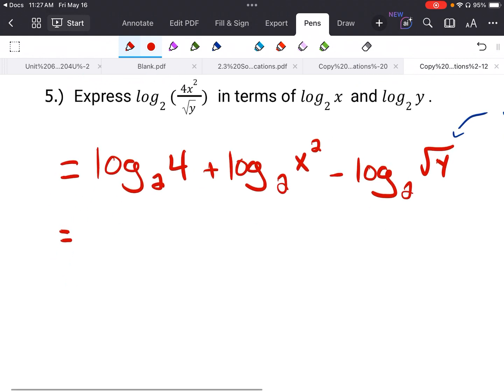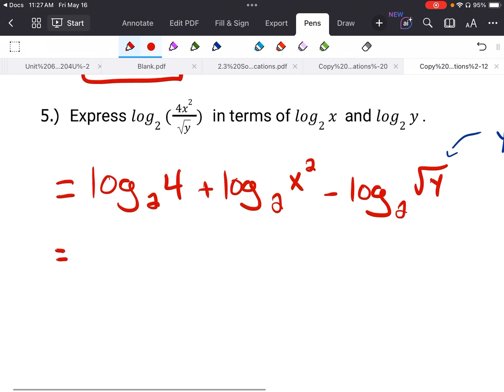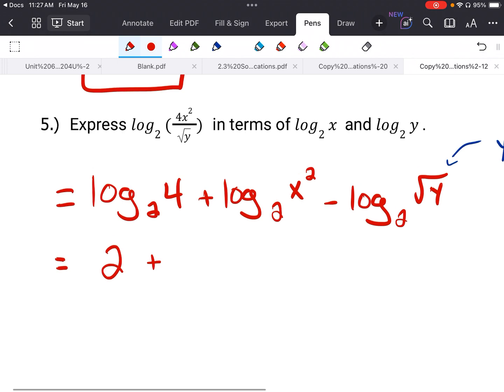So this first part is asking us 2 to the power what equals 4, and that is 2. 2 to the power 2 is obviously 4. I don't like how I wrote that 2. Okay, the next part, we have log base 2 of x squared.